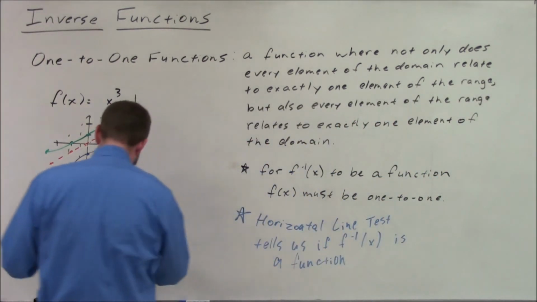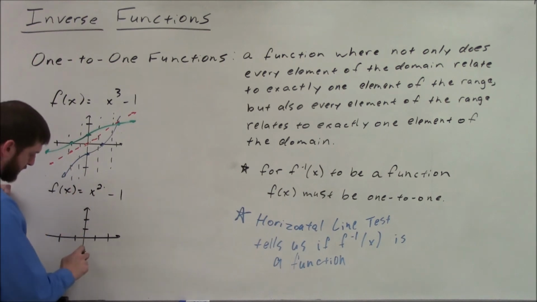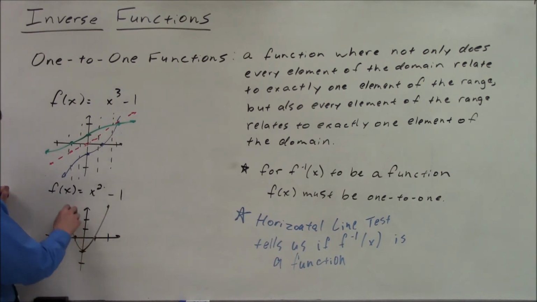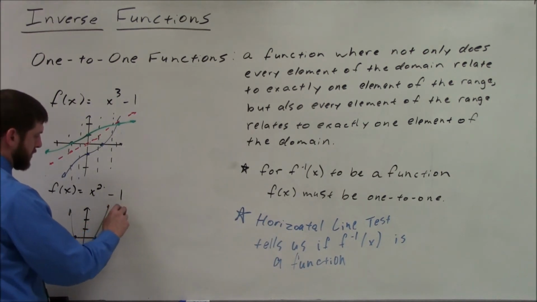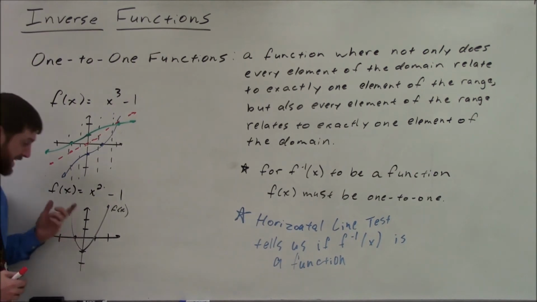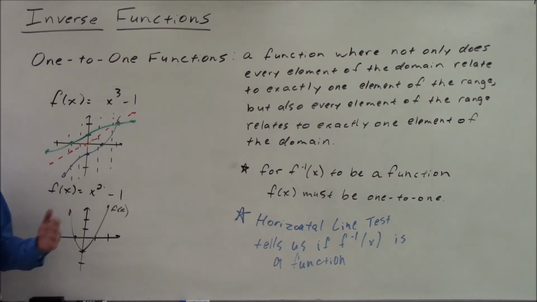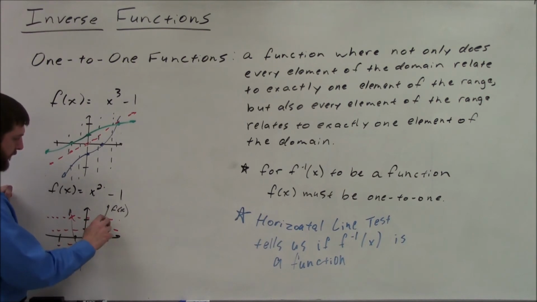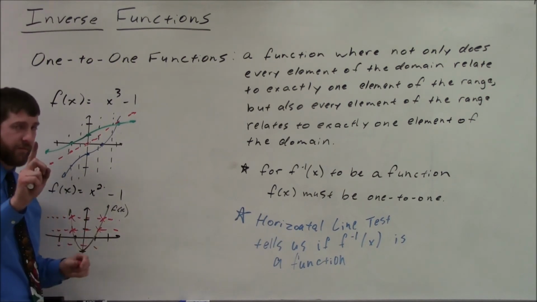So let's take the x squared minus 1. X squared minus 1, shift it down 1, right and left, 1. And we get this function right here. That's f of x. That's x squared minus 1. Is the inverse of this function a function? Is this a one-to-one function? Well, we can see easily that's not, because when we run the horizontal line test, there are infinitely many horizontal lines. And it only has to fail with one line.